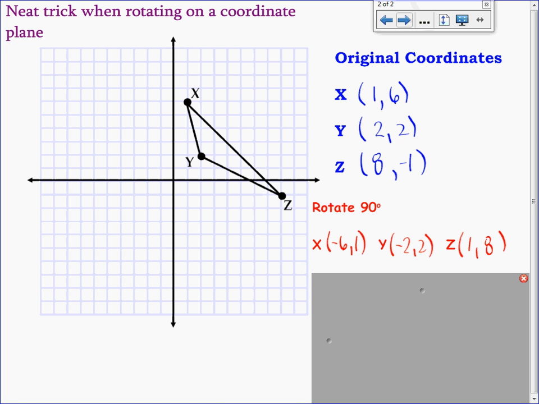Okay, what we're going to do right now is plot these points on the graph as if it's back in the normal position. So X is going to be -6, 1. Y is -2, 2. And then Z is 1, 8.